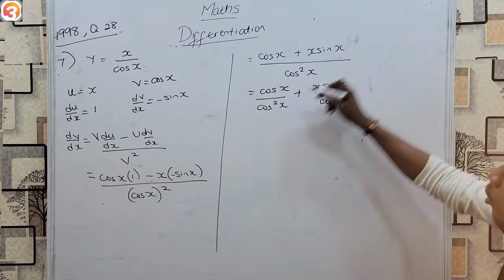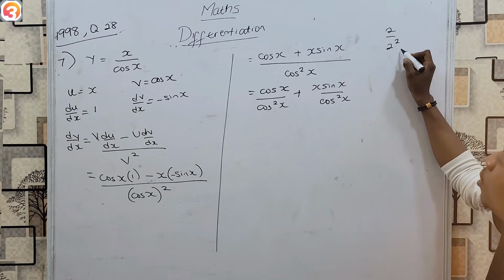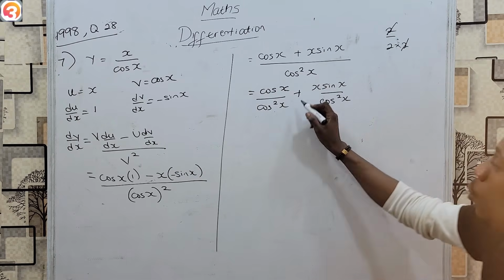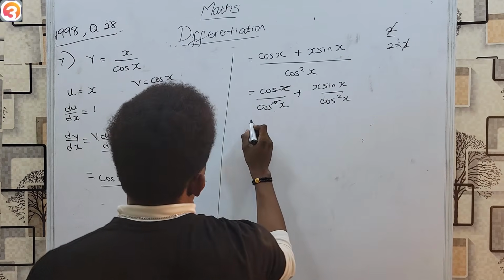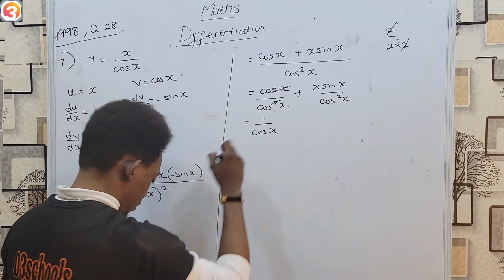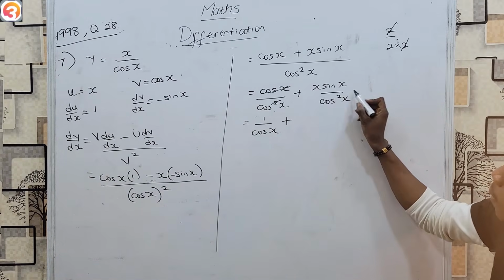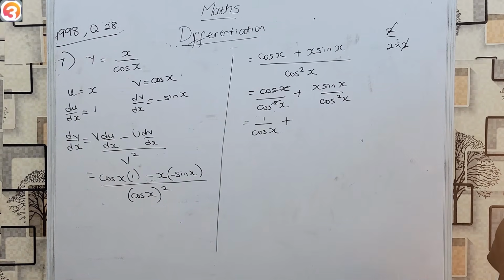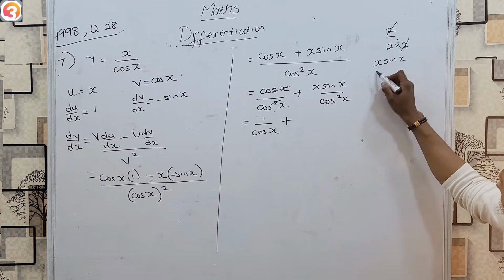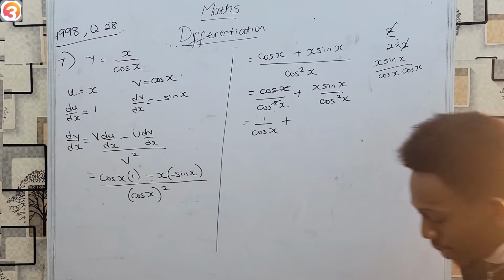So, as you are aware, this cos x over cos squared is the same thing as saying 2 over 2 squared. I know 2 squared is 2 times 2, so 1 cancels 1, which means my cos x here gets rid of the squared, and I'm left with 1 over cos x, plus, then over here is x sine x over cos squared x. If I rewrite that over here, that's x sine x over cos x times cos x.